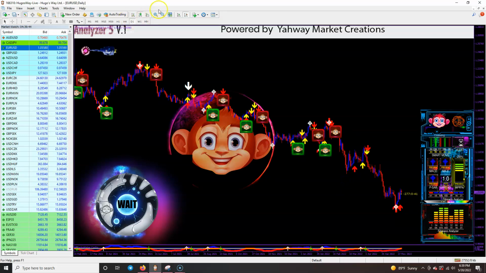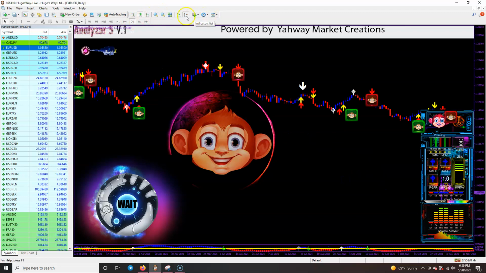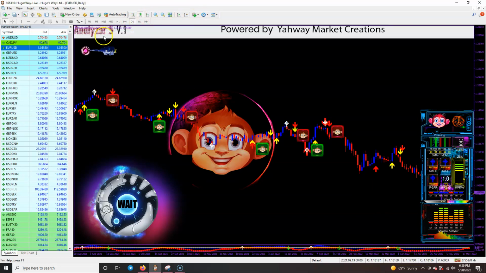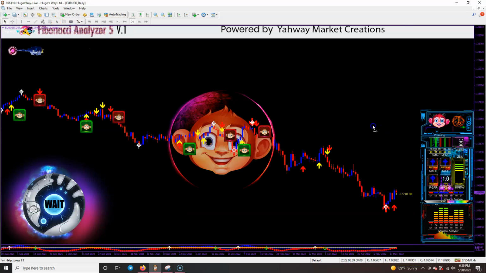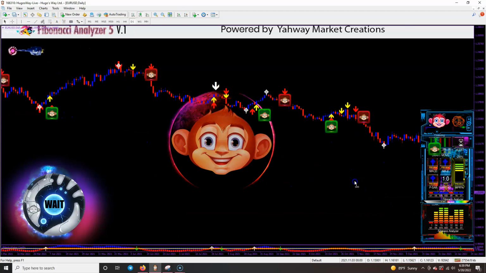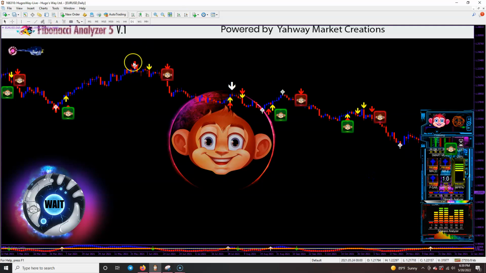But look here, I want to show you guys this. This is the Fibonacci Analyzer 5. Basically, when you see one arrow, the bullseye arrow, the big yellow one, and then the red, that's 1, 2, 3.